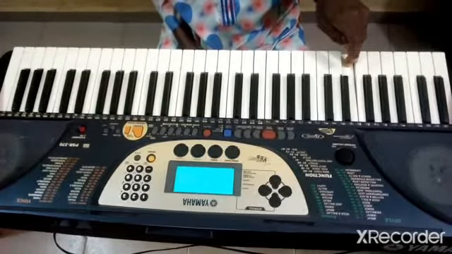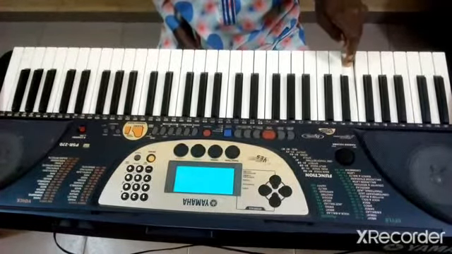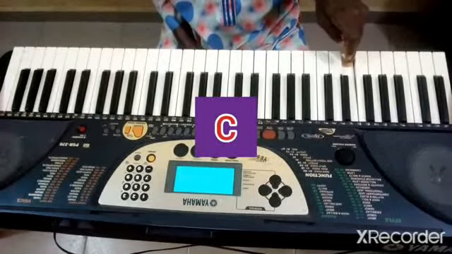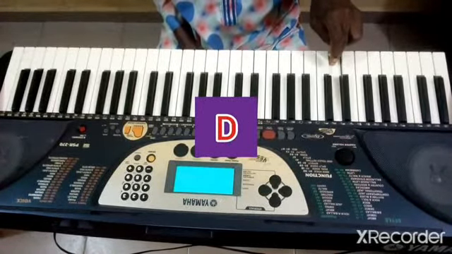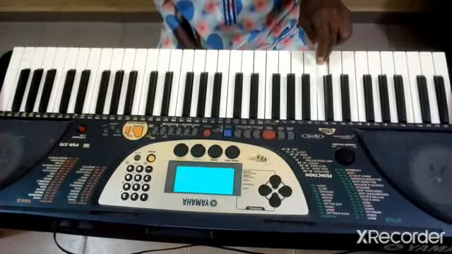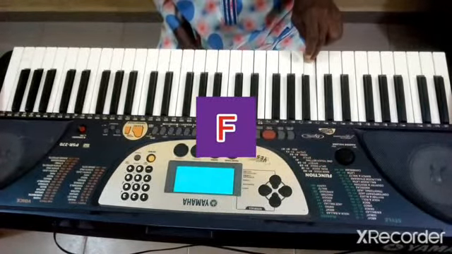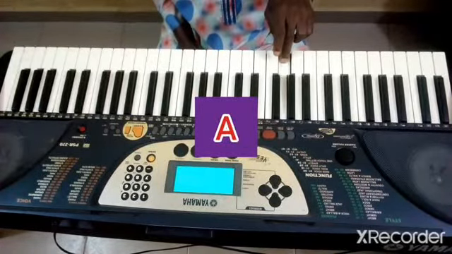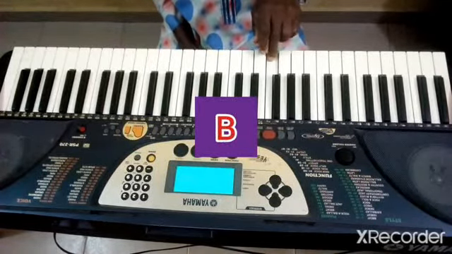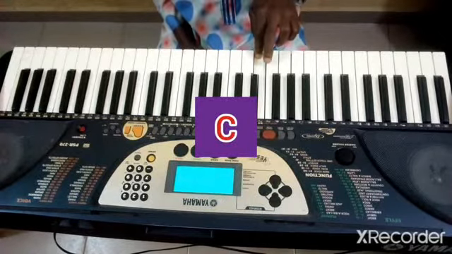This white key here is called C. The next that follows is D. This is E, F, G, A, B, C.